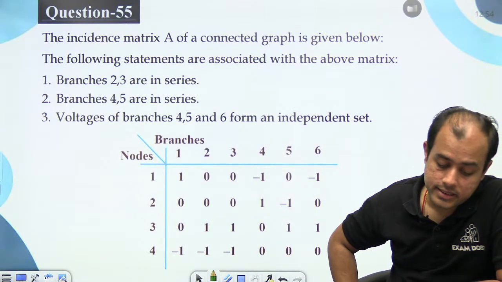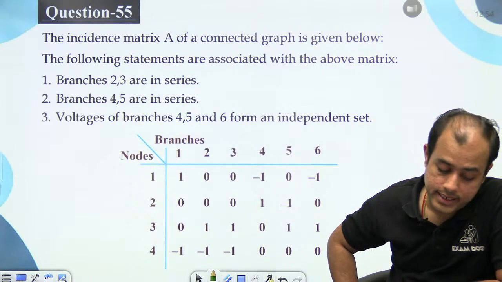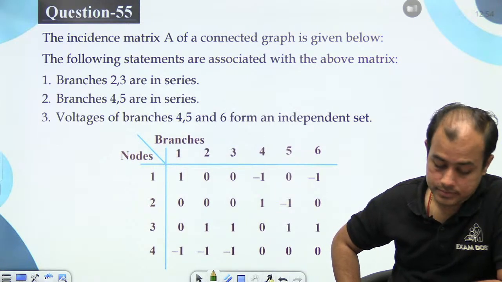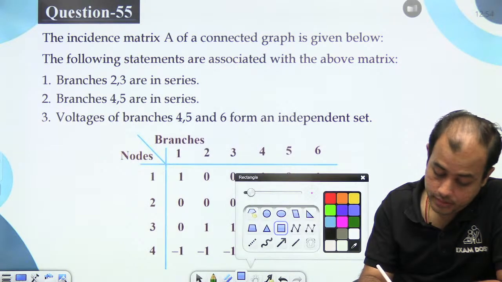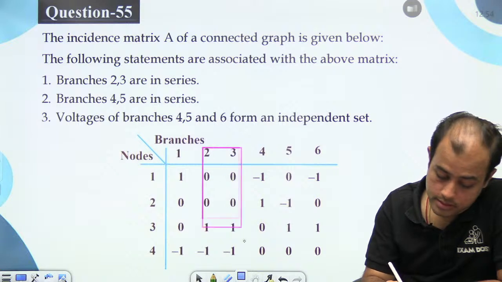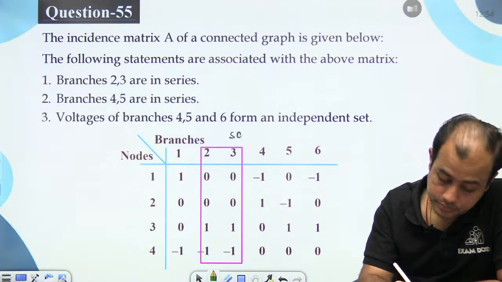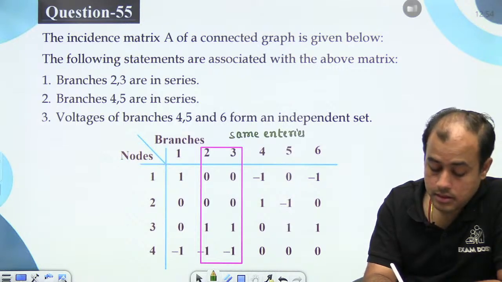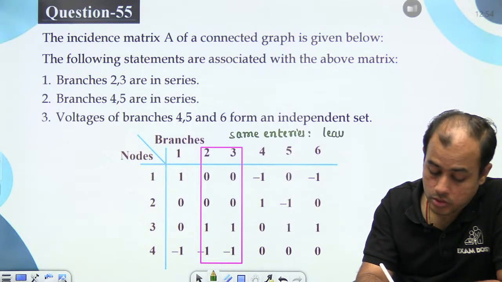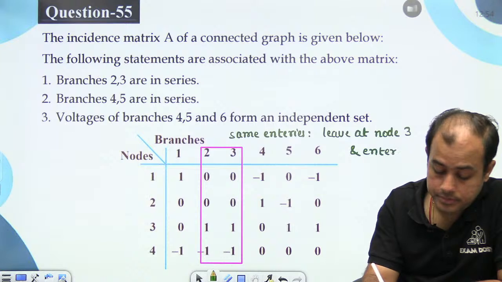The incidence matrix of a connected graph is given below. The following statements are associated. Now, branches 2 and 3, they have the same entry. That is, leave at node 3 and enter node 4.